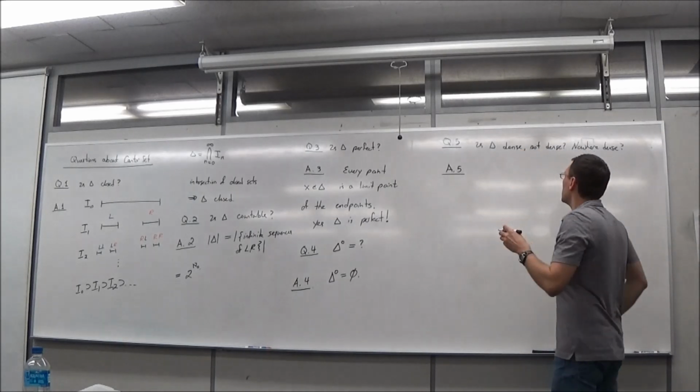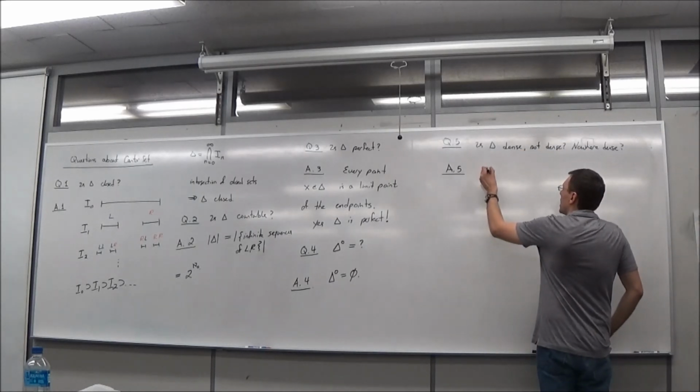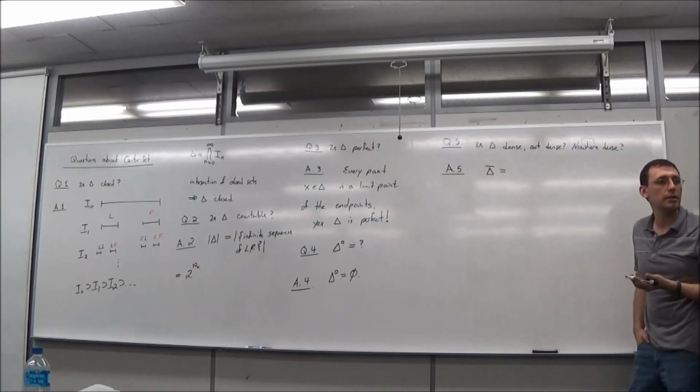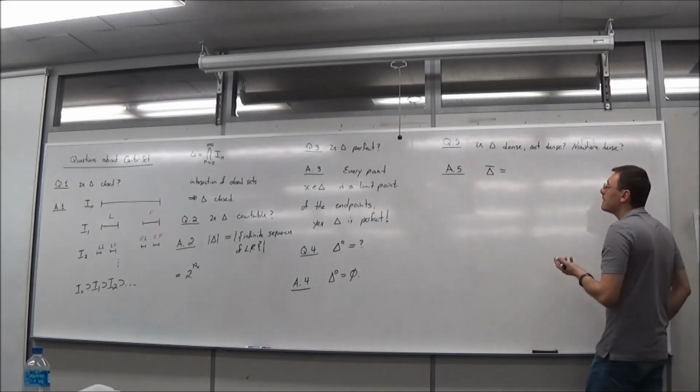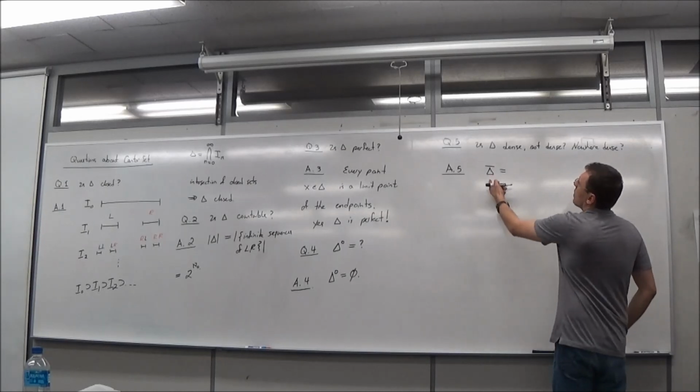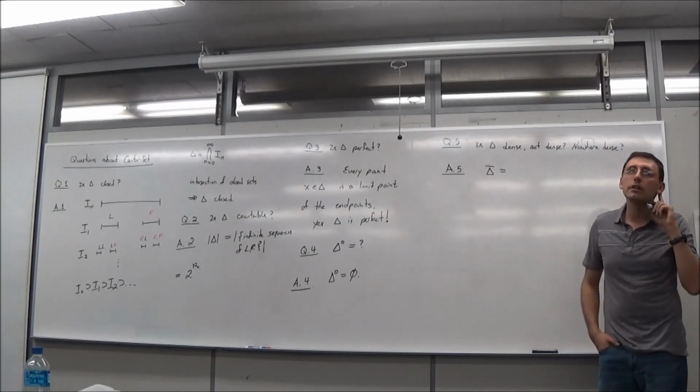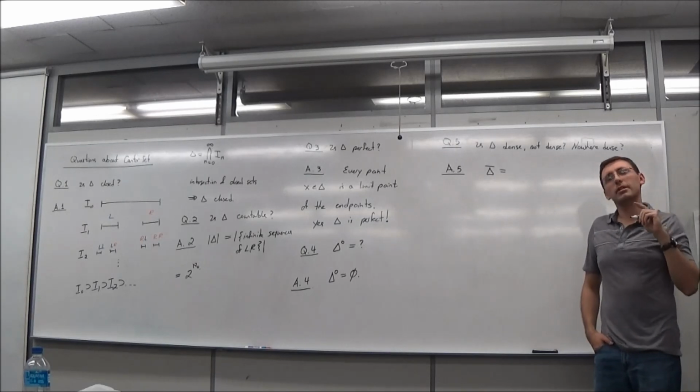So you take the closure of the Cantor set, and the closure of the Cantor set is what? Is the interval 0 to 1? Excuse me, sorry? 0 to 1. No. What's closure?